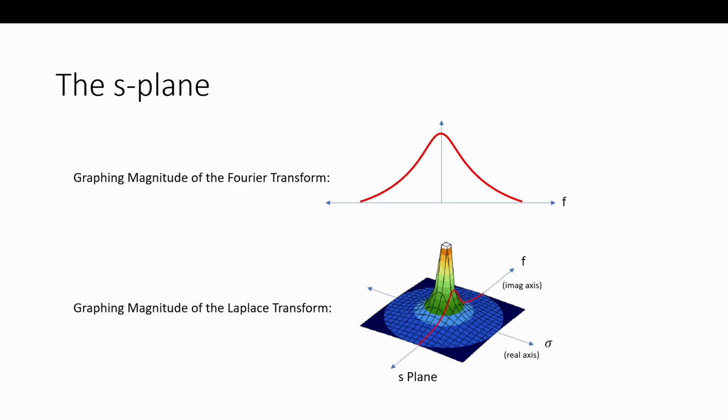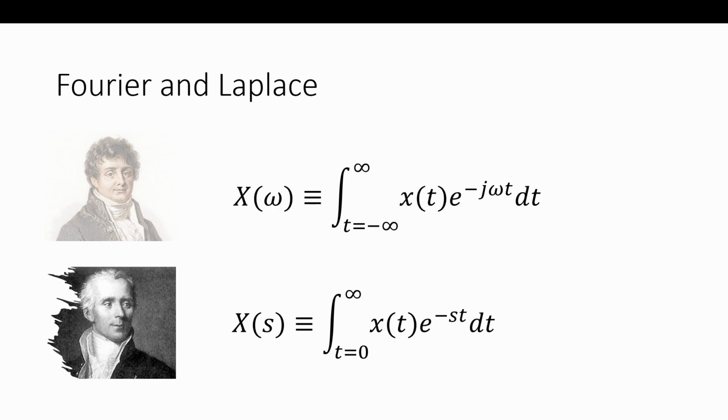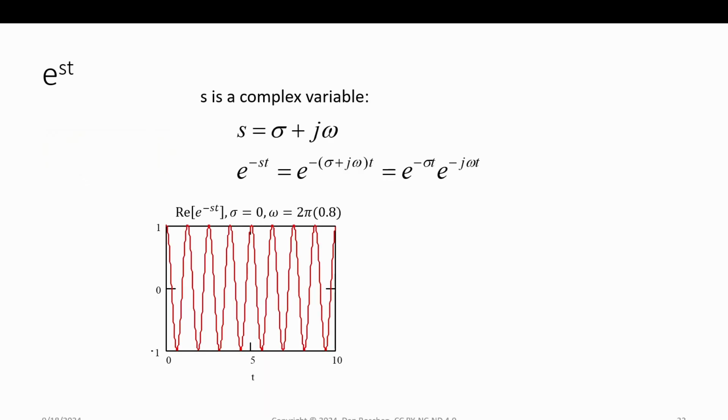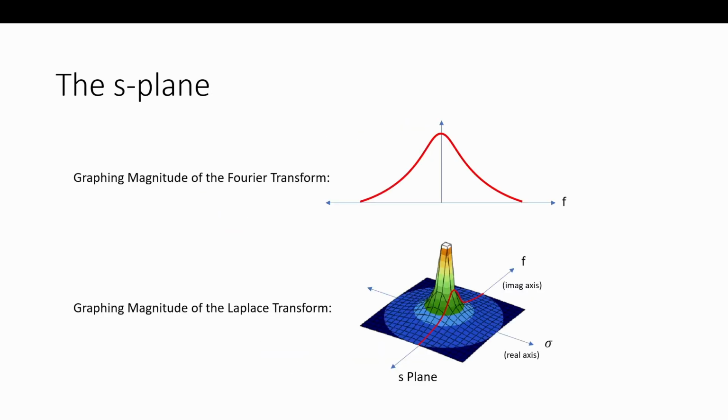We're back to the Fourier transform, right? We're back to the Fourier transform. Between the two, if s was minus j omega, these would be the same, other than starting, and also assuming the function's causal, because this starts at time zero. Okay? So you see that here in this example.